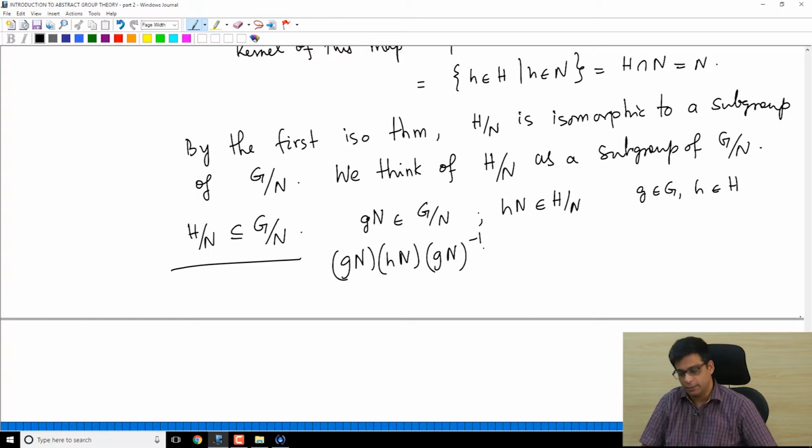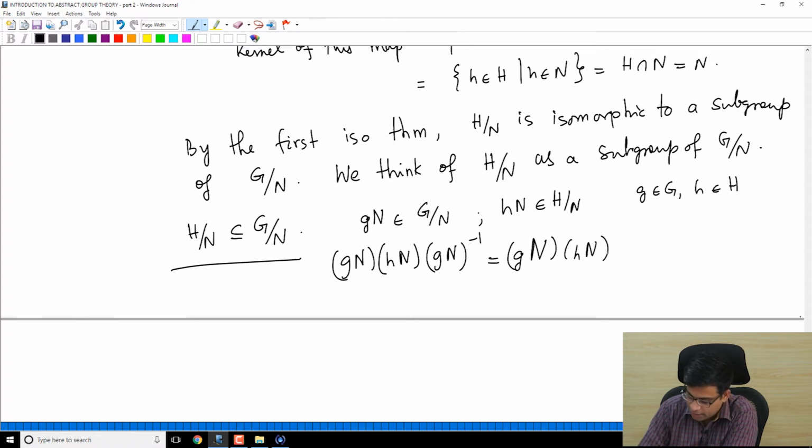Let's understand this element. What is this? This is really an operation of cosets, but we have worked with cosets now in several videos, so this hopefully will be clear to you. It's easy to see that this is Gn, Hn. Remember, in the quotient group G mod n, the inverse of the coset Gn is simply given by G inverse n.